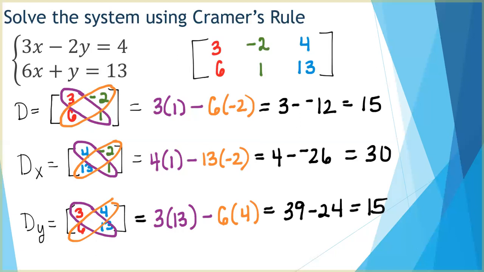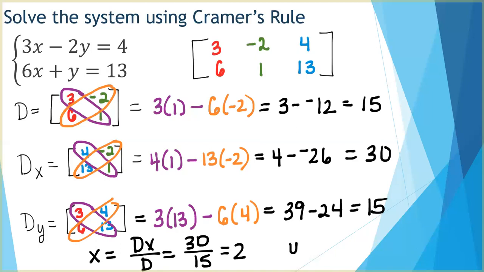So what do we do with these numbers? Okay, so the solution for x is going to equal my Dx divided by D. So Dx is 30, D is 15. So that would be 30 over 15, or 2. So x equals 2.